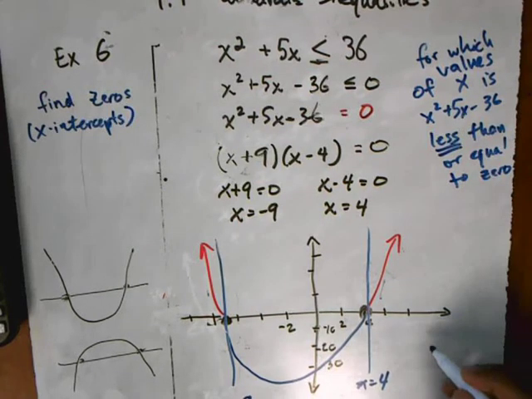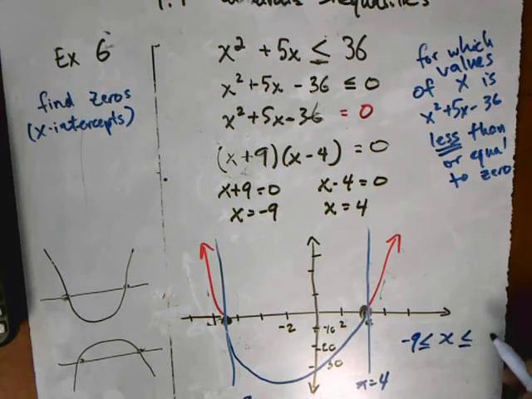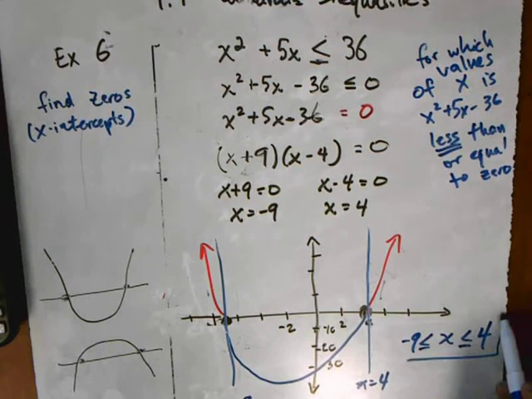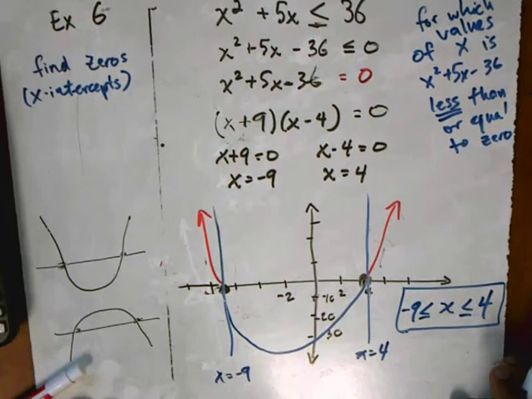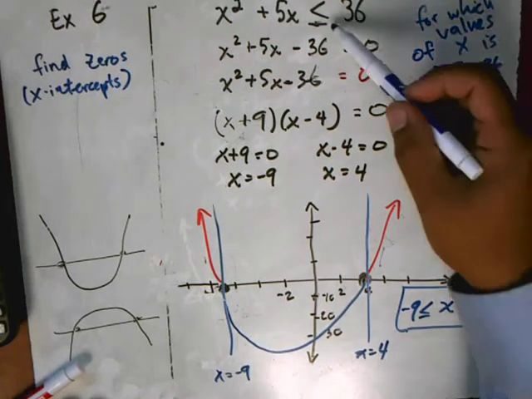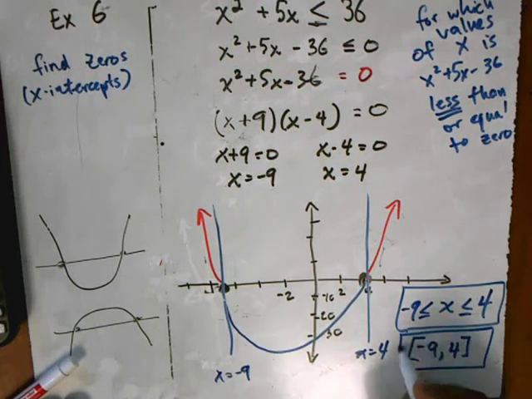So I know then that my answer is x has to be greater than or equal to -9, and also has to be less than or equal to +4. So in between -9 and +4 are all the possible values of x that will satisfy this inequality. And we can also write this in interval notation as between -9 and +4.